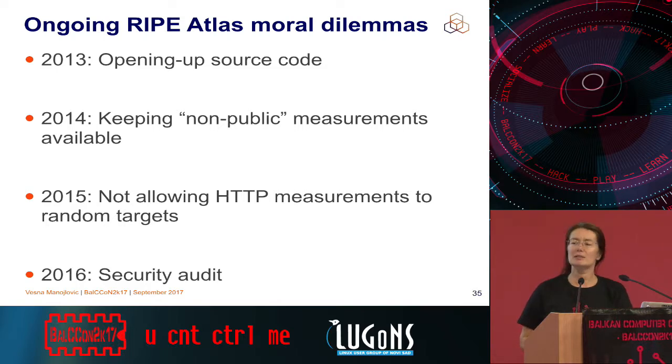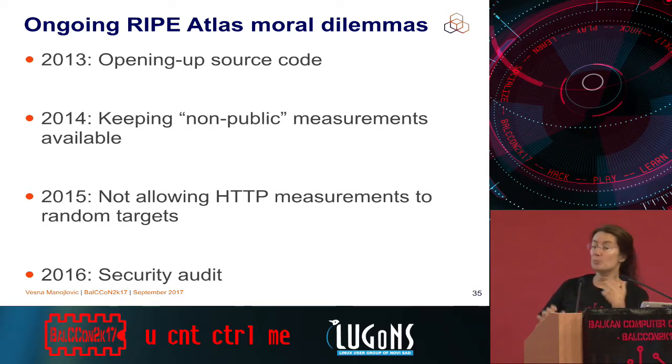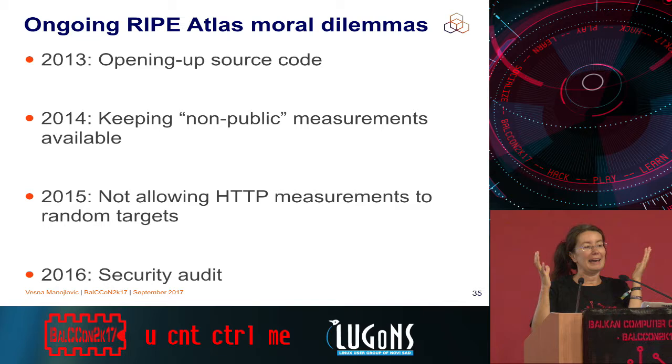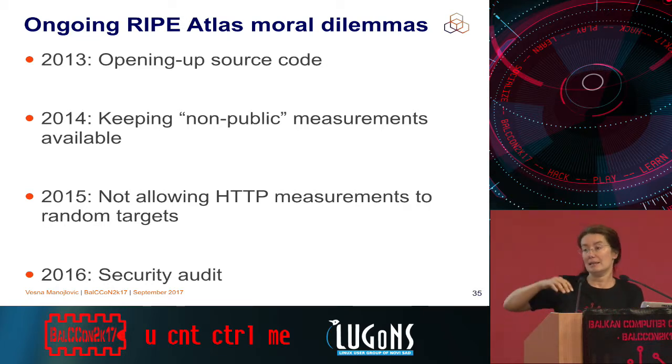And then the community said, no, actually, there is a value in creating some of those non-public measurements, but we also had to keep calling it non-public with quotation marks because there is nothing private if you are part of this measurement network. In the aggregate, we will publish those results anyway.